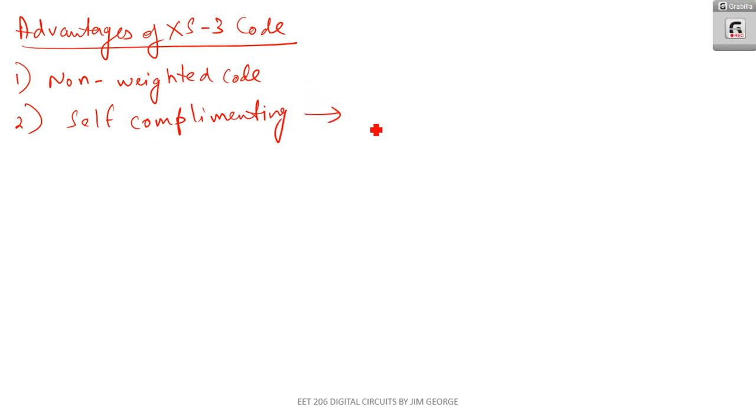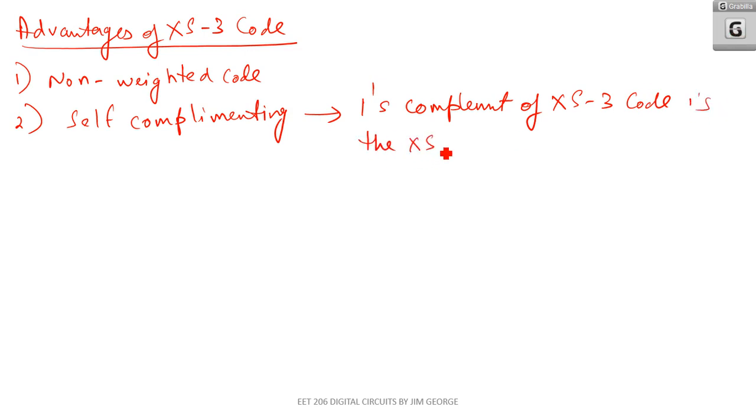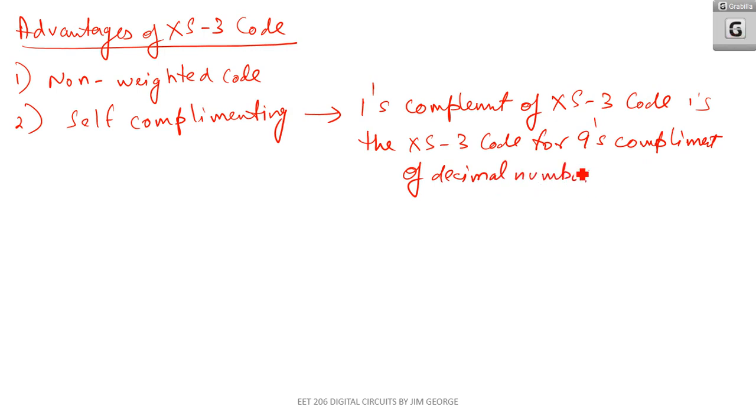That is, the one's complement of the XS3 code is the XS3 code for the 9's complement of the required decimal number. Okay, so I will show an example of that.